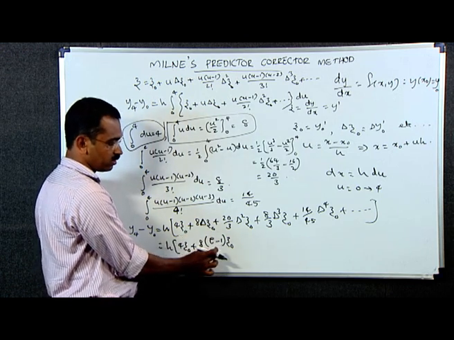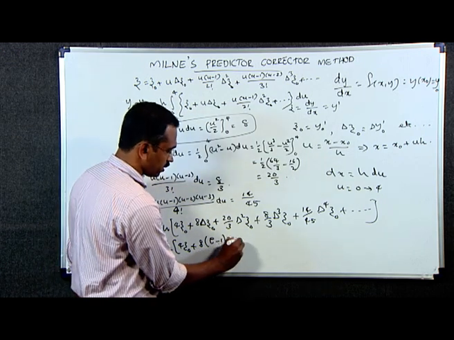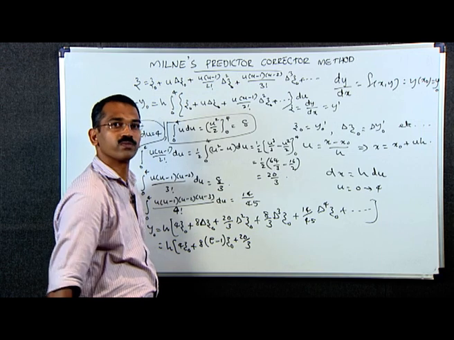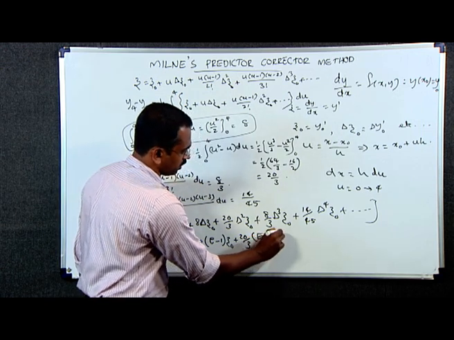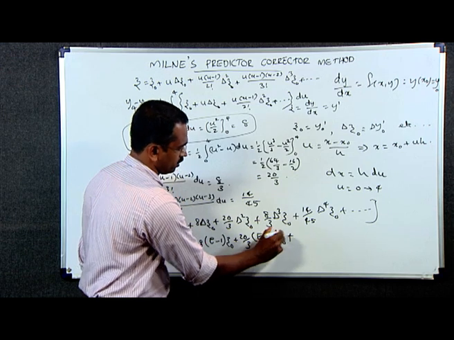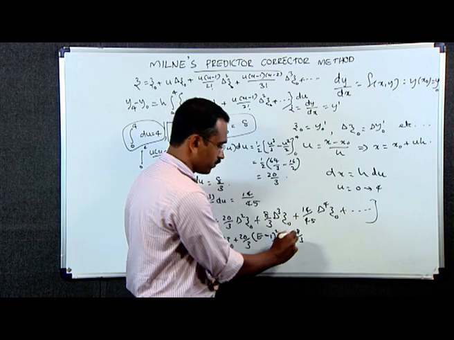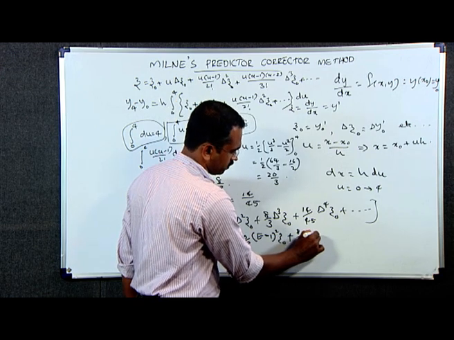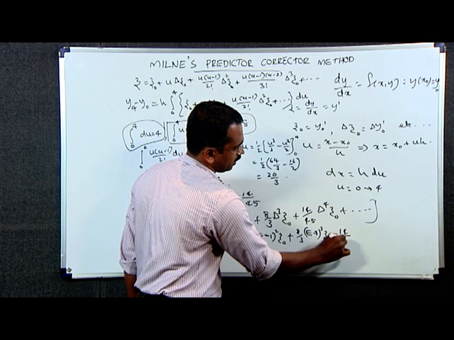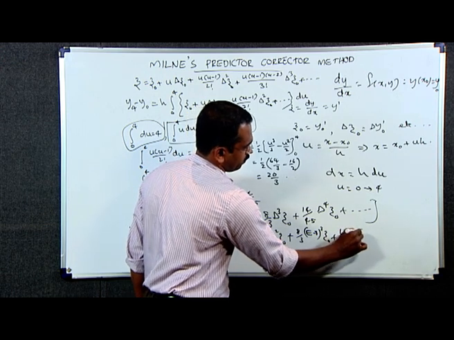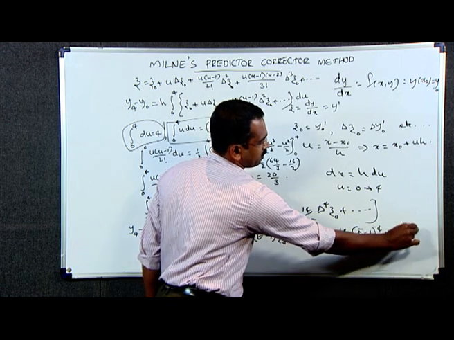We can write 8 into e minus 1 of z0 plus 20 divided by 3 into e minus 1 square of z0 plus 8 by 3 into e minus 1 cube z0 plus 14 divided by 45 into e minus 1 raised to 4 z0 plus etc.